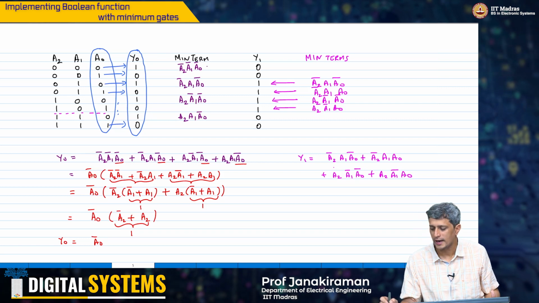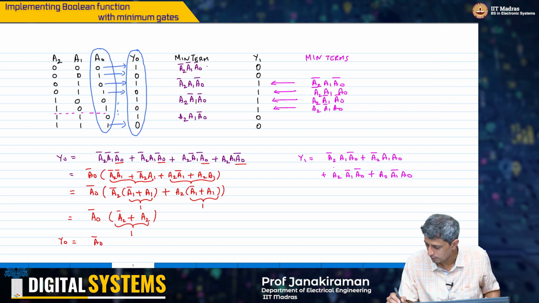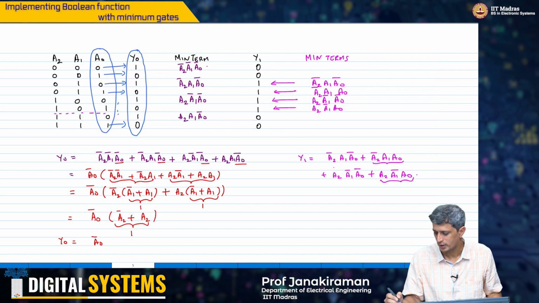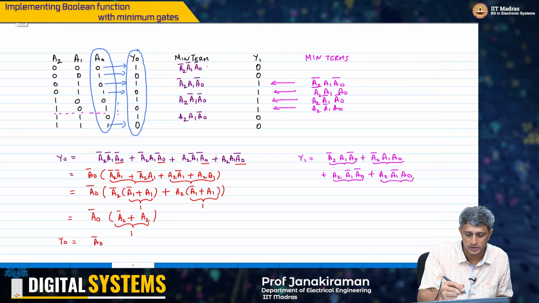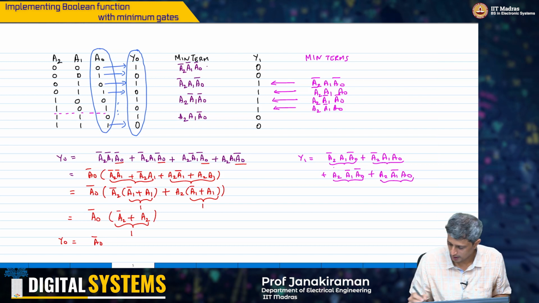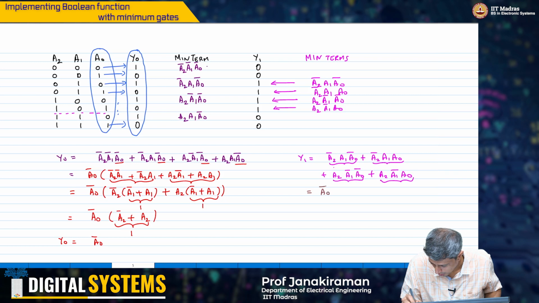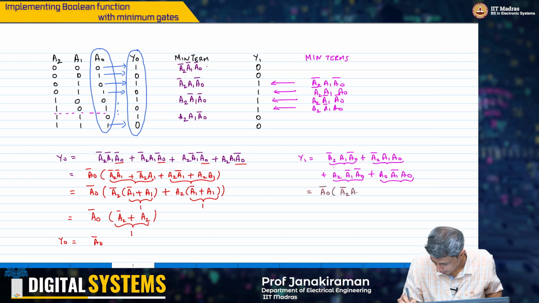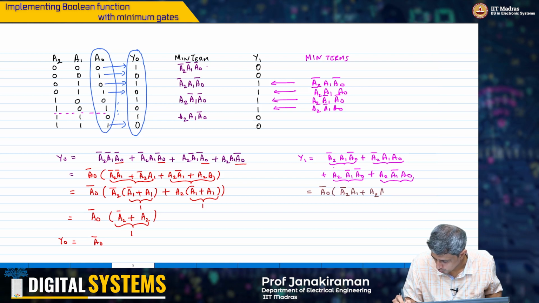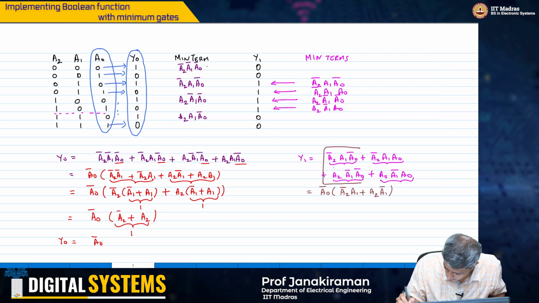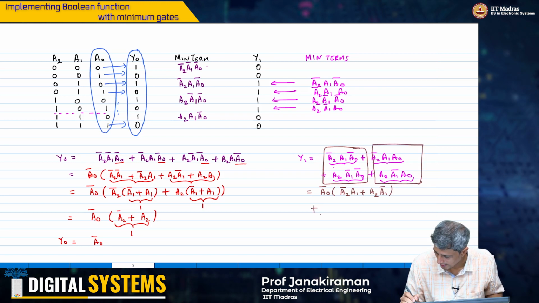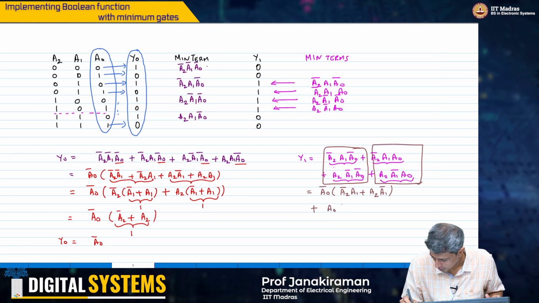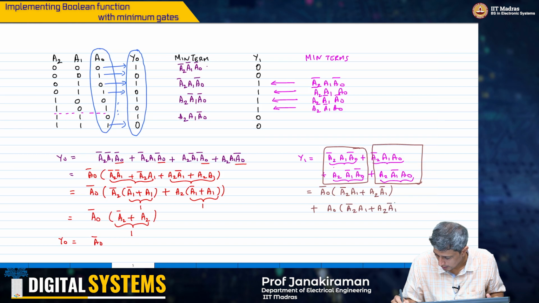And therefore, I can again look to simplify this expression. Let me take these two terms, where A0 bar is common, and write this as A0 bar into (A2 bar A1 plus A2 A1 bar). Then for the other two terms, A0 is common, so again it is A0 into (A2 bar A1 plus A2 A1 bar).